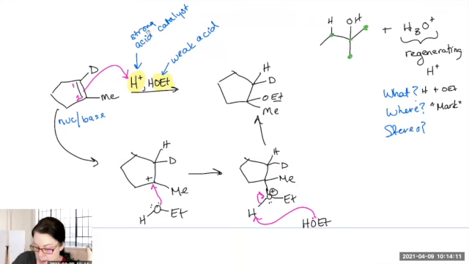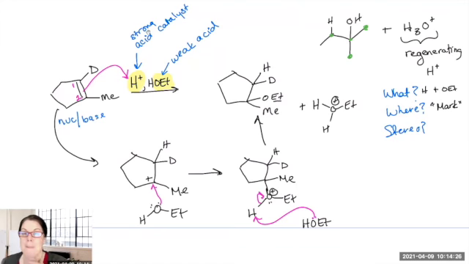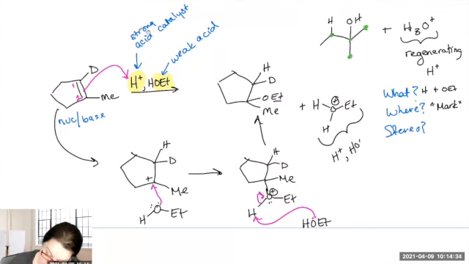Okay. And in this step, we also generate another equivalent of H plus. And in this case, it's attached to an ethanol molecule. Okay, so this is the same thing as H plus and ethanol.